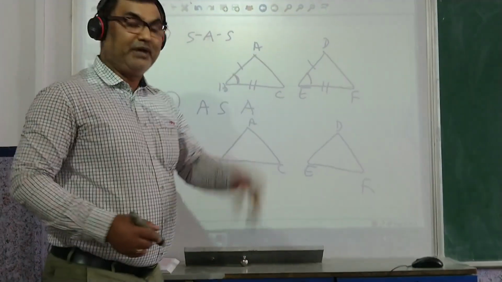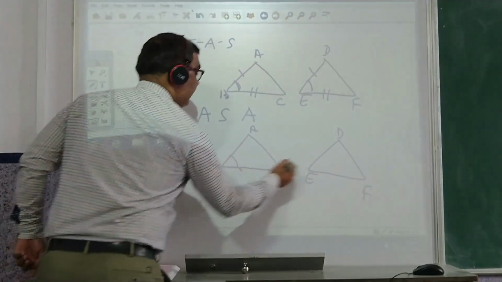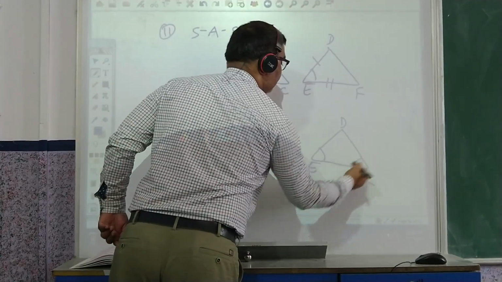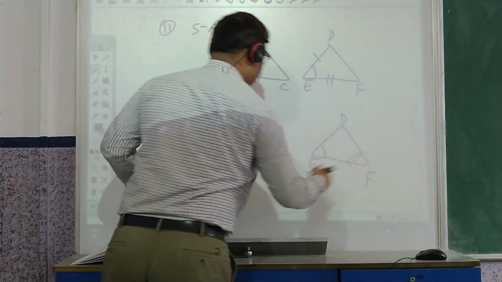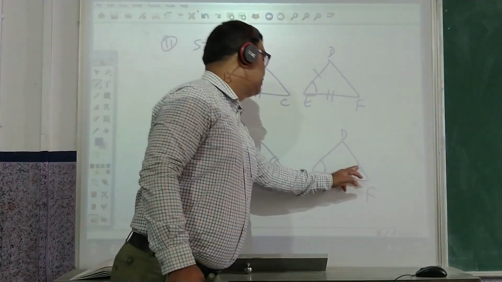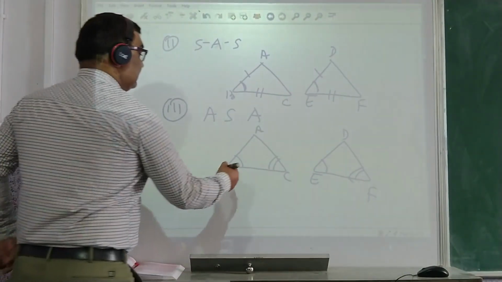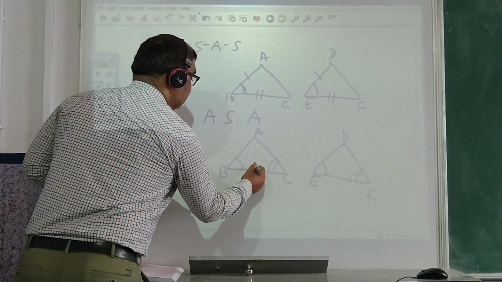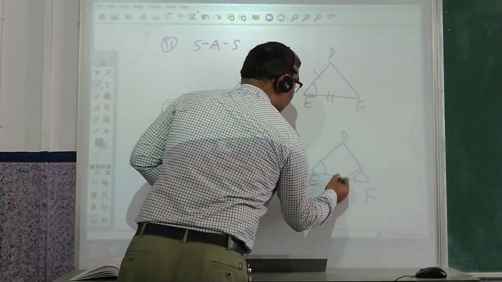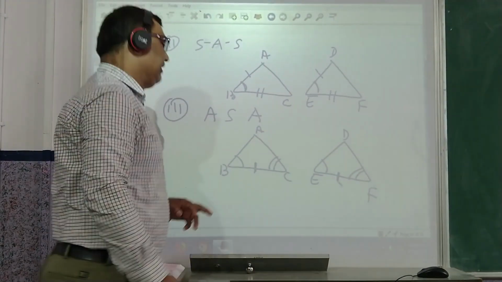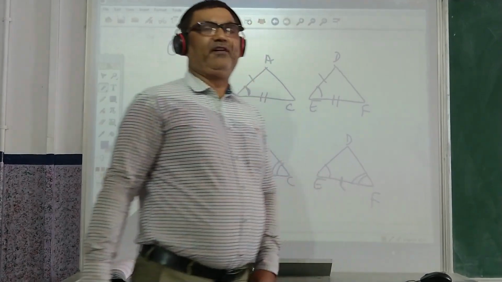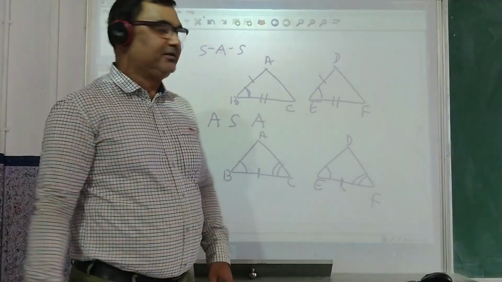Two angles are equal, so suppose B equals E, C equals F. Then the included side is this BC. BC is the included side. BC must be equal to EF. Then triangles ABC and DEF are said to be congruent.